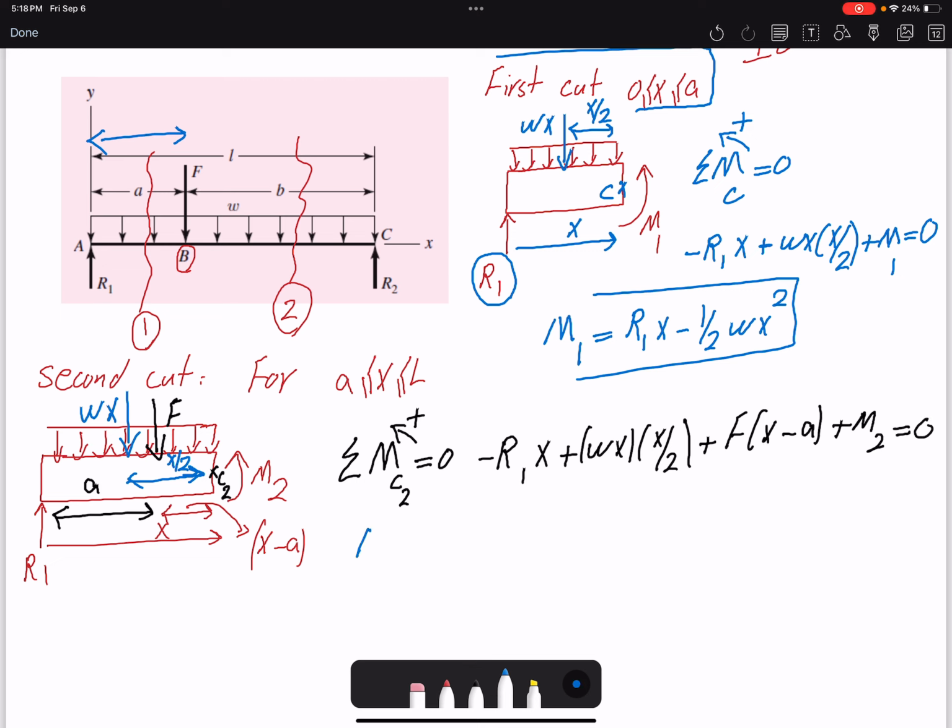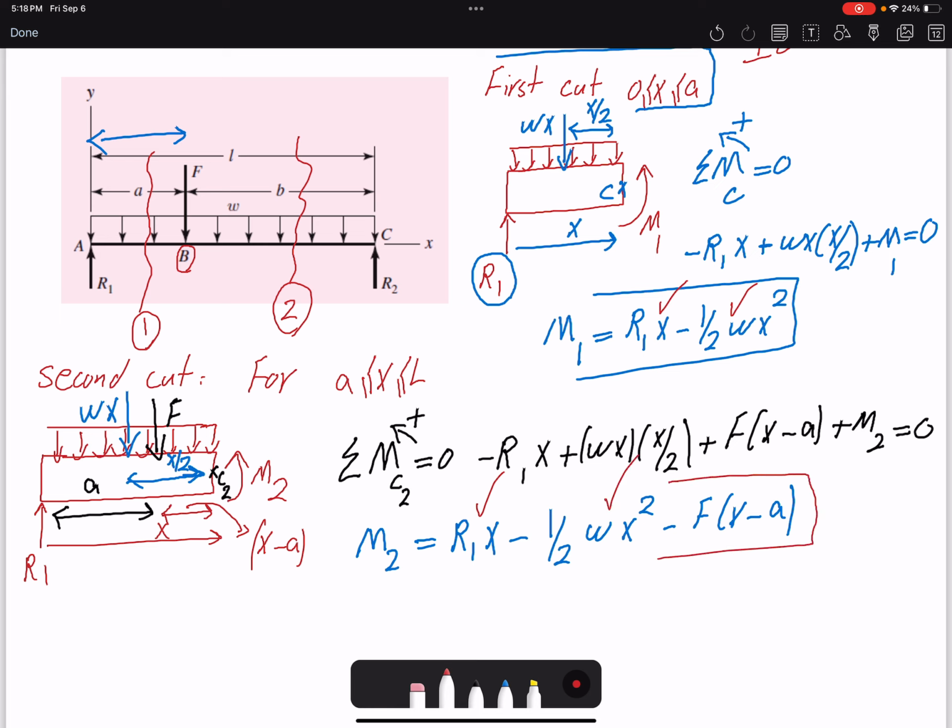If I rearrange, my M2 would be R1 x minus half of w x squared minus F times (x minus a). If you compare, the first terms are the same, the second terms are the same. This one has an additional term, so after a, we have an additional term.